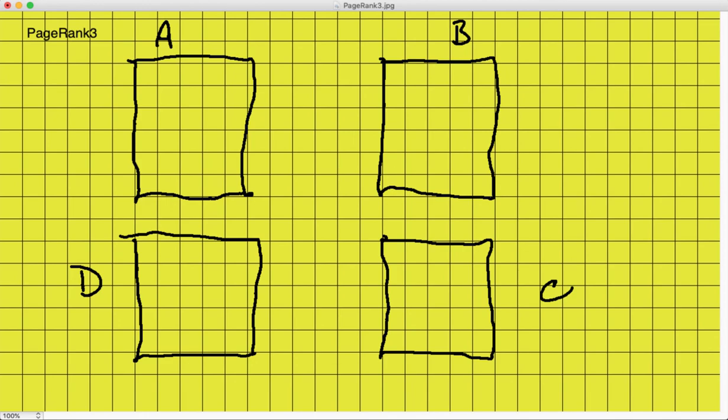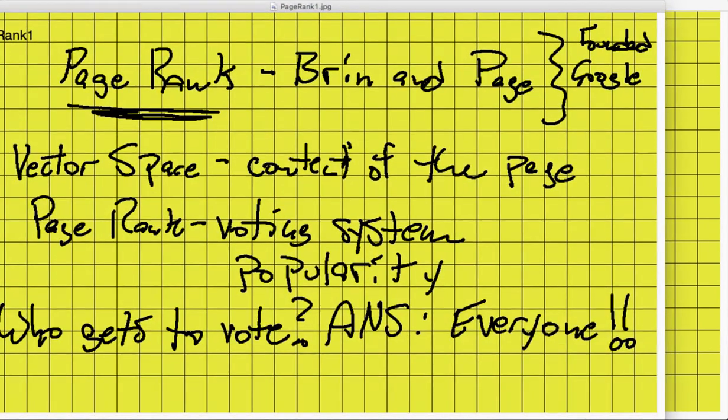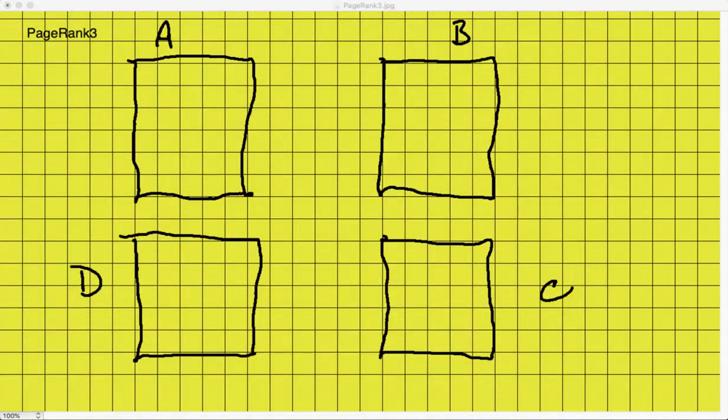Now recall we said that in PageRank, who gets to vote? Everyone gets to vote. And what is a vote? A vote is a link.